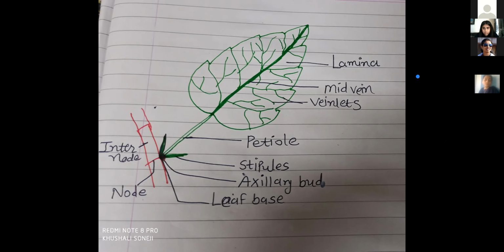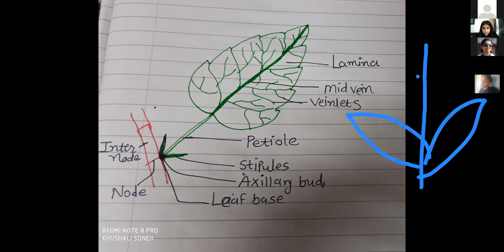Next, leaves are arranged in an acropetal order. Can anyone tell me acropetal? Do you know acropetal? Acropetal meaning what? At the base, broad leaves are present, and at the top, the newly emerged small leaves are there. So base older, tip part younger.